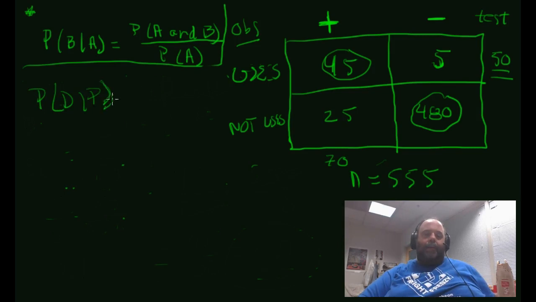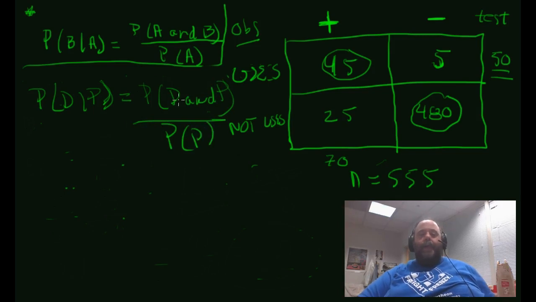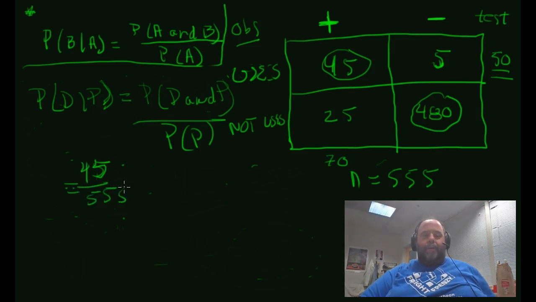So given that they had a positive test, what is the probability that they did drugs? So that's the probability of D and P, divided by the probability of P. Well, D and P is the same as the probability of P and D, right? So that's still the 45 out of 555. The probability of P, the probability of a positive test, is going to be 70 out of 555.